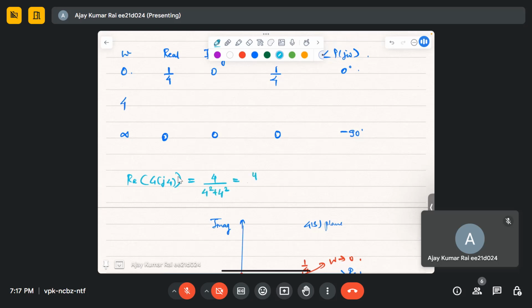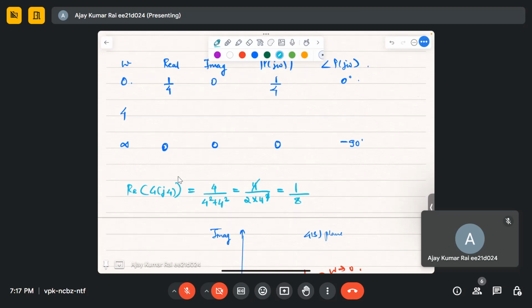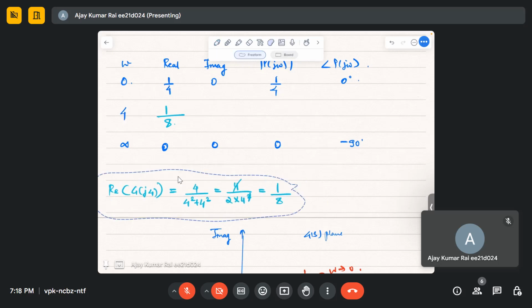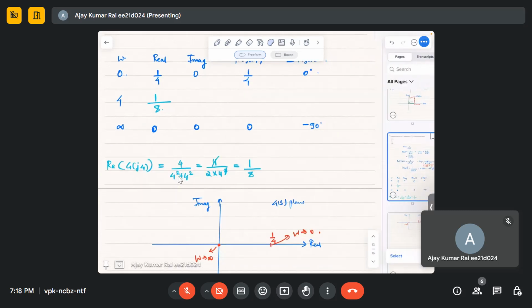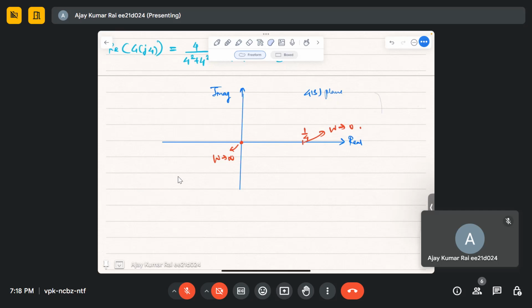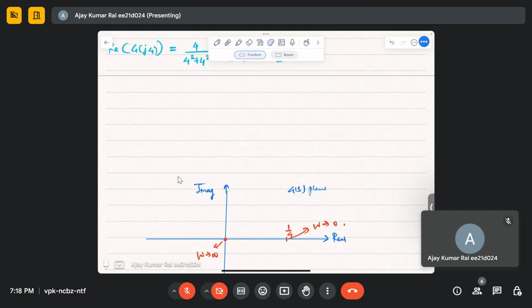Which will be 4 into 2 into 4 square. So it will be 2 into 4, which is 8. So I'll get 1 by 8. So I have calculated the real part.